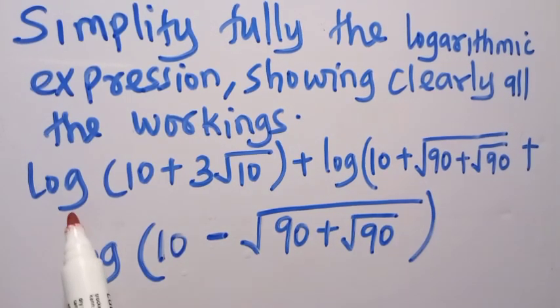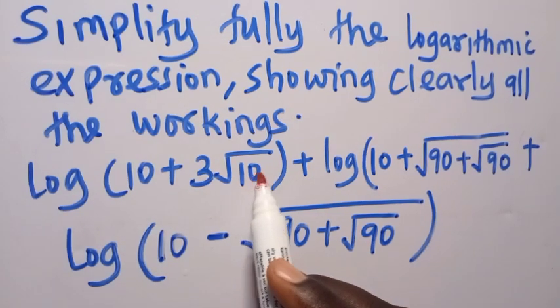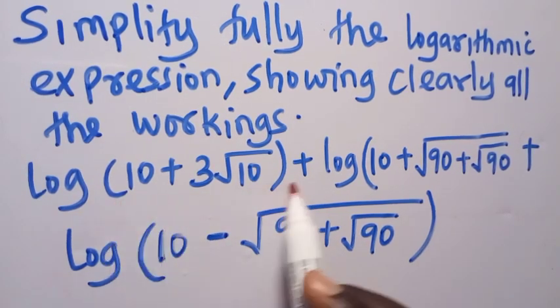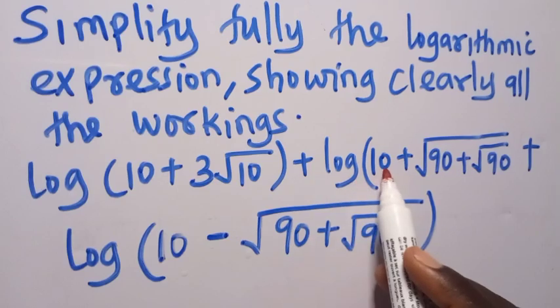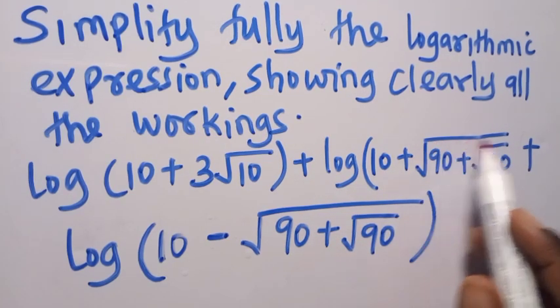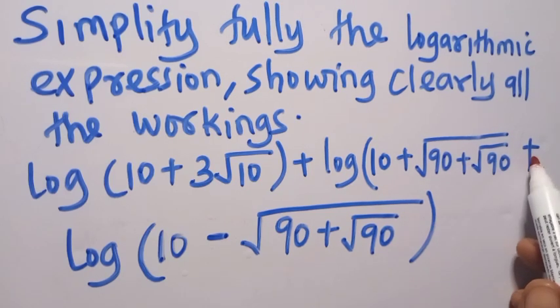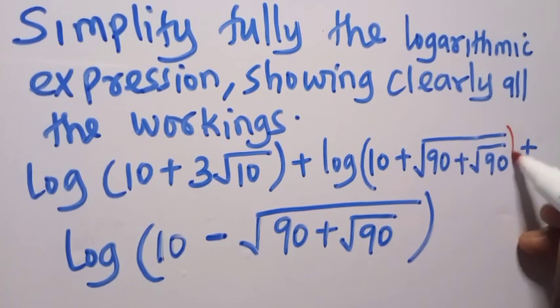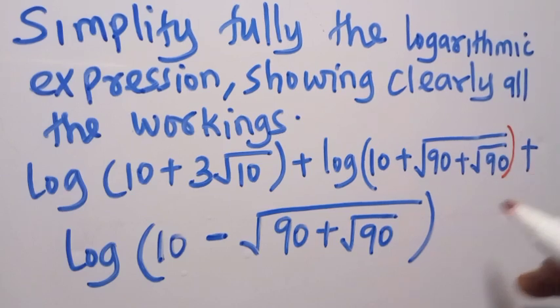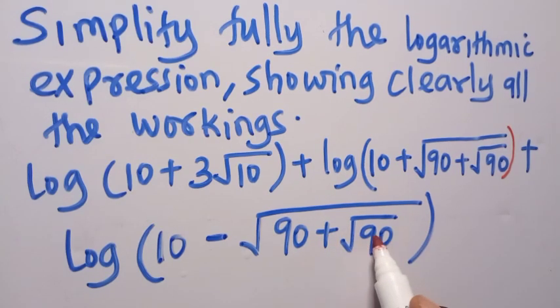This one is the logarithm of (10 plus 3 root 10), plus the logarithm of (10 plus the square root of 90 plus root 90), then plus the logarithm of (10 minus the square root of 90 plus root 90).